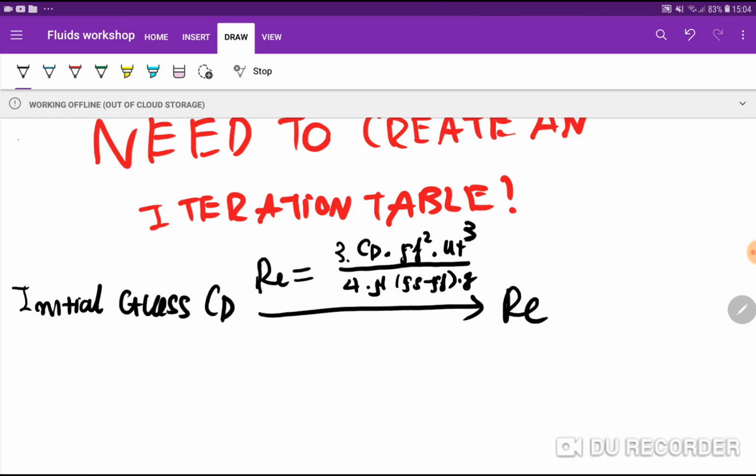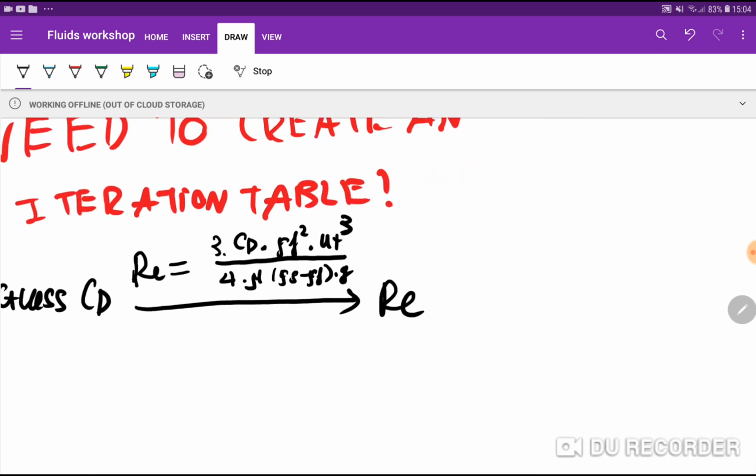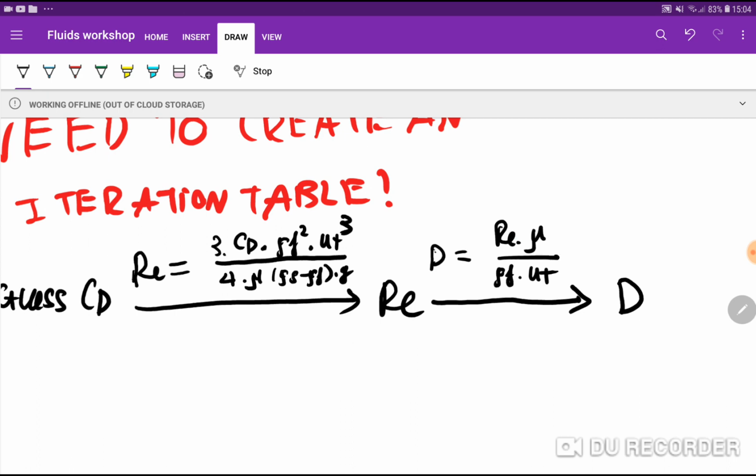Okay, now from this you're going to solve for the diameter. How will you do that? The diameter equals the Reynolds number times viscosity over rho f times ut.